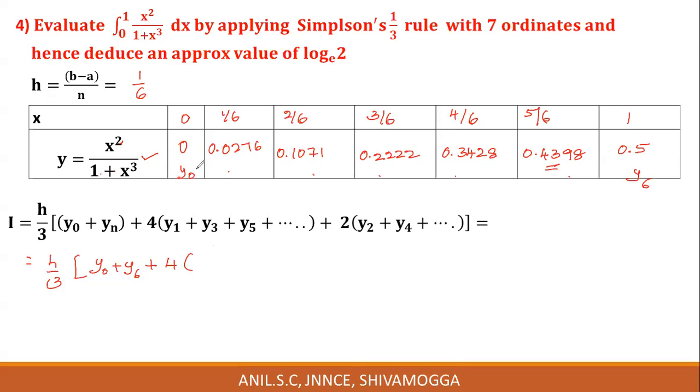How many such ordinates are there between y0 and y6? y1, y3 plus y5, plus 2 times the even ordinates between y0 and y6, y2, y4. y6 is already considered. You need not write it again. You have all the values, just substitute and simplify.